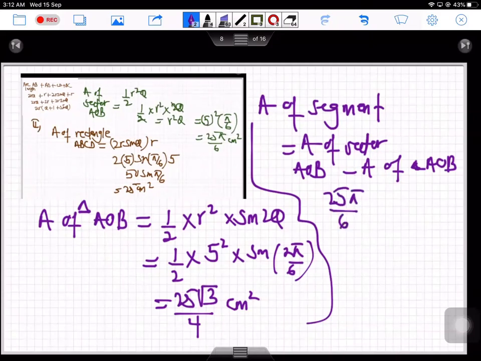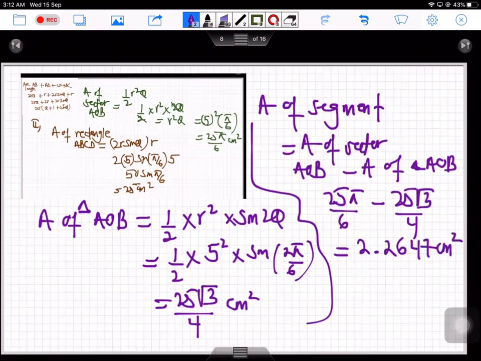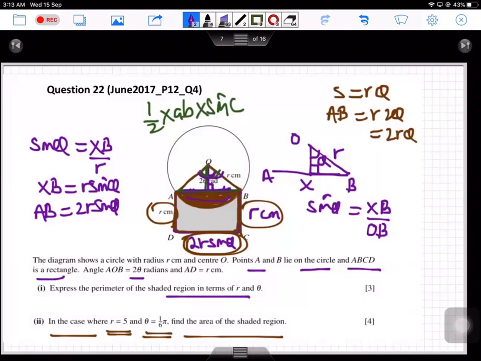So 25 pi over 6, take away the area of triangle AOB, which is 25 under root 3 over 4. Okay, so you will get the area of segment. So 25 pi over 6 minus 25 times under root 3 over 4. This is 2.2647 centimeter square. This is the area of the segment, which I've shaded over here in brown.